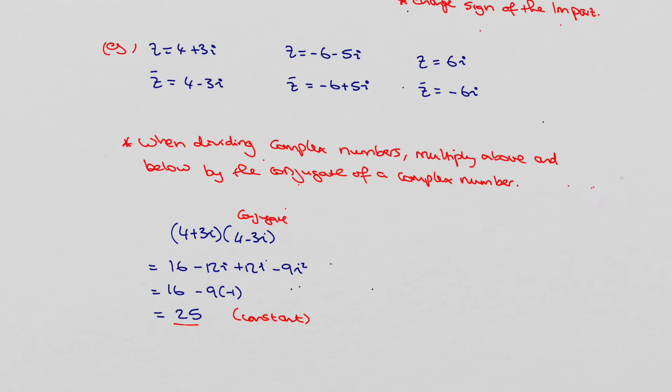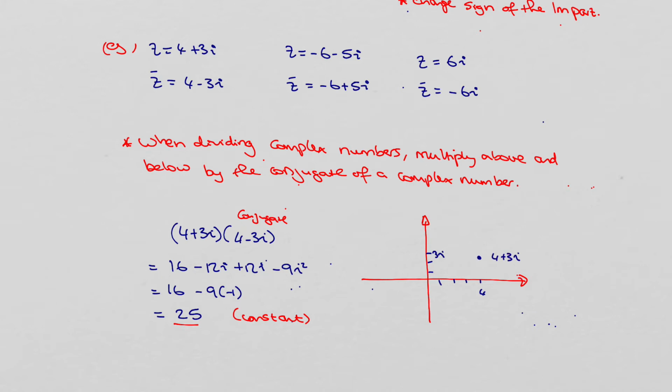Now, of course, if we were to look at what does that look like on the Argand diagram, how do we identify our complex number and its conjugate? Well, what you'll notice is if I had 1, 2, 3, 4, and 1, 2, 3i, then there's 4 plus 3i.